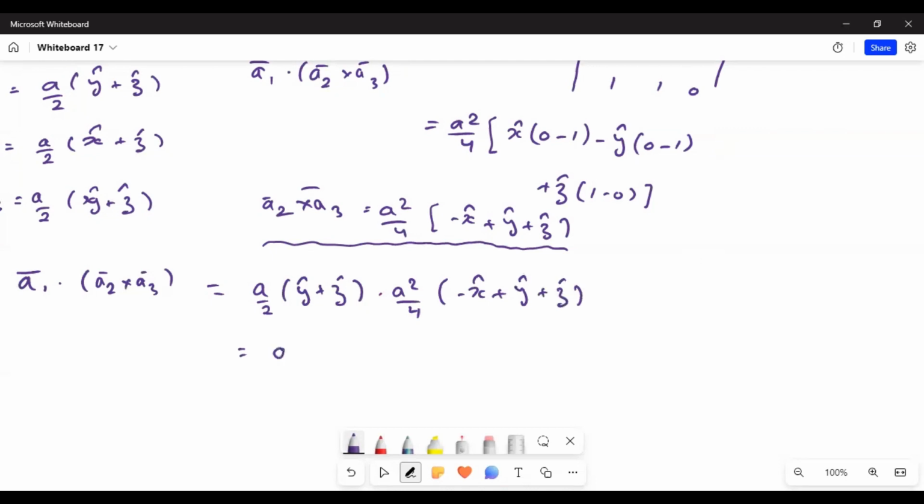It will be a cube by 8 times 1 plus 1, so it will be a cube by 4.